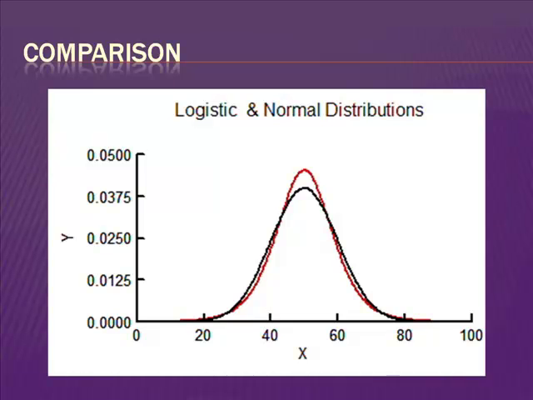Also, although harder to see, if we go out in the tails of the distribution, say 2 standard deviations away, which with a mean of 50 and a standard deviation of 10 would be 30 on the low side and 70 on the high side, you'll notice that the red line is actually above the black line. The logistic distribution has greater area in the tails.